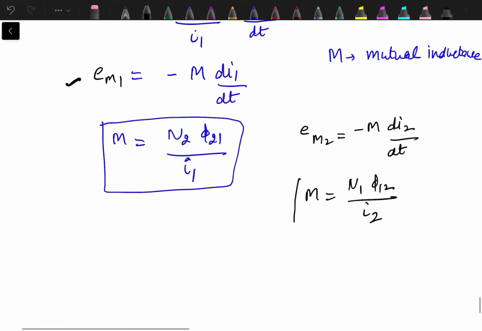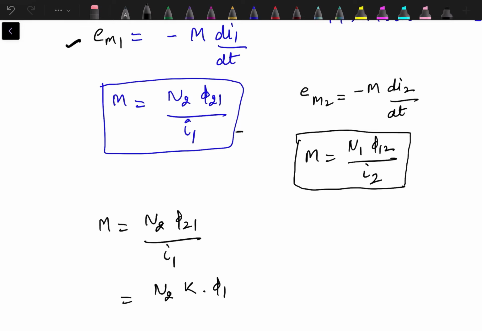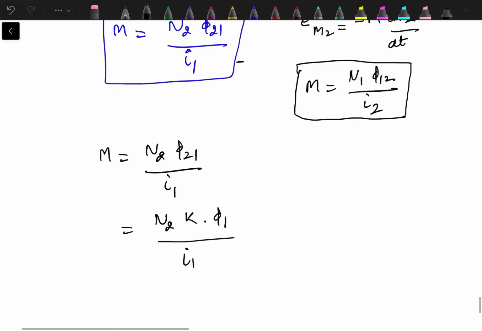So mutual inductance, since it's associated with the two coils, can be given by this expression as well. Coming to the first expression, M is equal to N2 phi 21 upon I1. We had already written that phi 21 is equal to k into phi 1, so M is N2 k phi 1 upon I1.